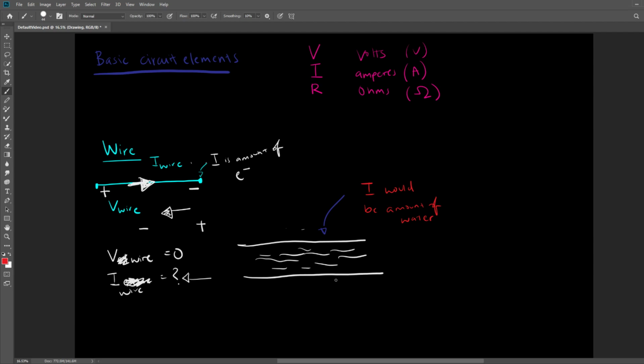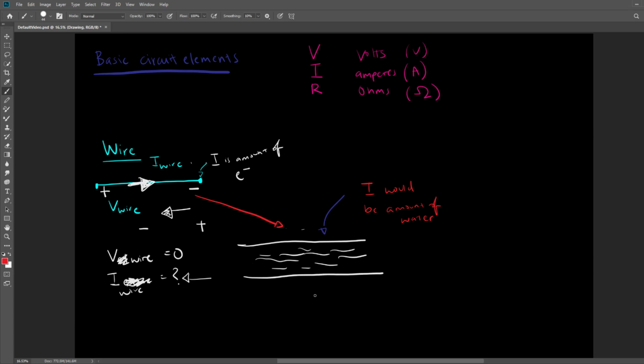So this drawing is kind of weird, but if we can think of this wire as a river, across this small sectional piece of the river, is there a change in the amount of energy that this water has?